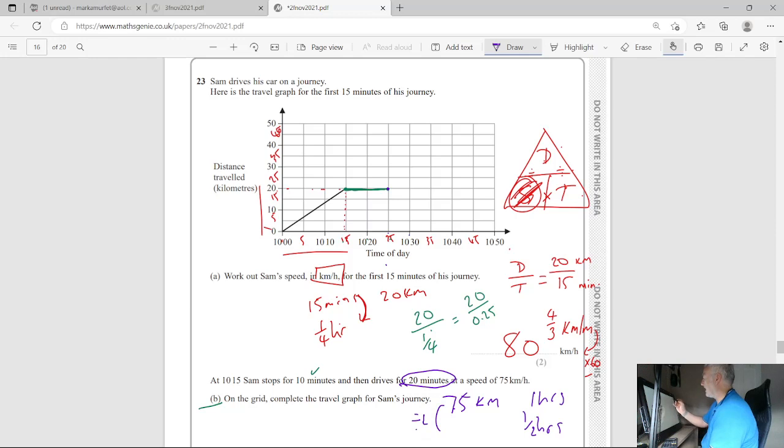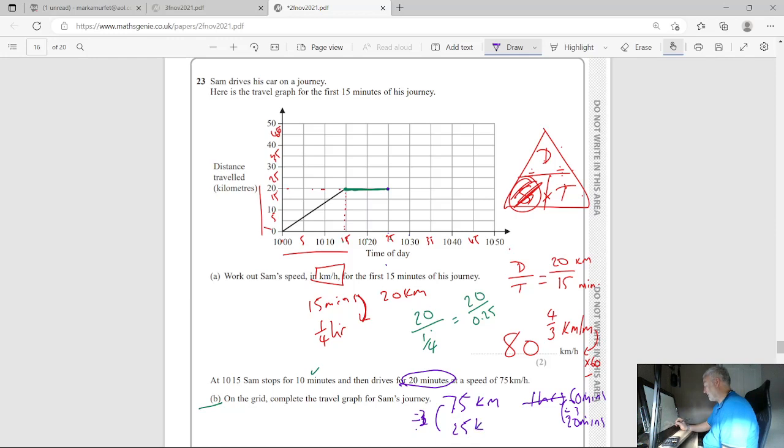So think of the link between 60 minutes and an hour. 1 hour, remember that's 60 minutes. If I wanted to go to 20 minutes, you divide it by 3. So divide 75 by 3, and again use your calculator. 75 divided by 3 gives me 25.